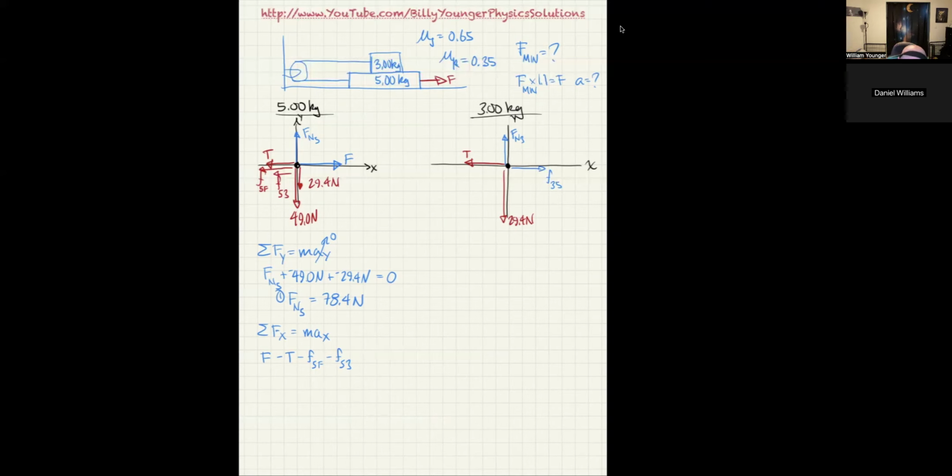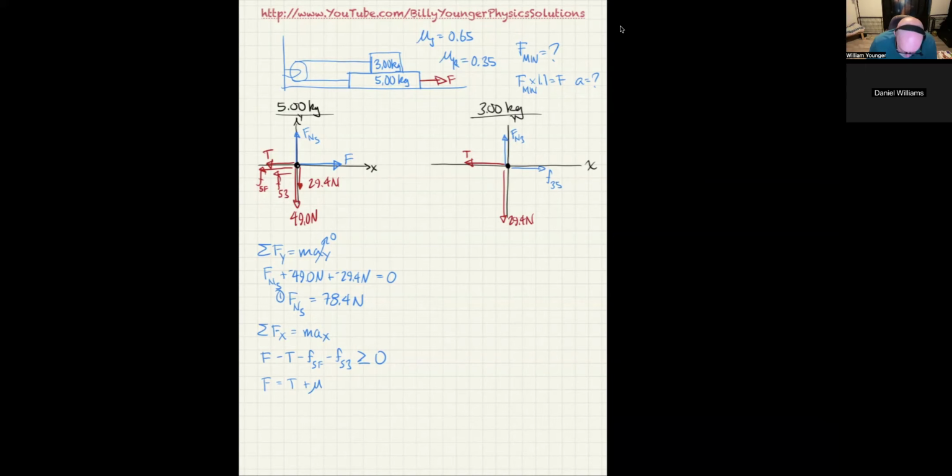And what we're going to say is, since we're going to solve for F as F_min, like you said, it's going to be less than or equal to 0. And you'd see that F is equal to T plus, since we're talking about it being static, we have to assume the mu_static is greater.